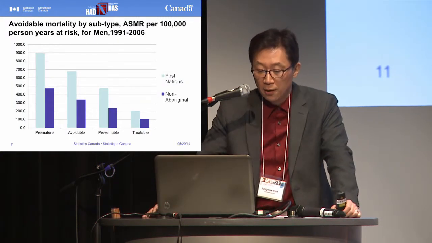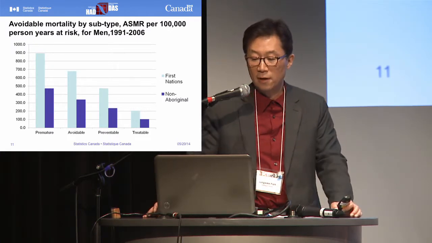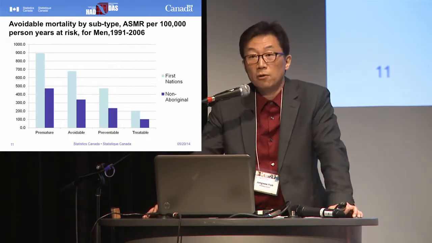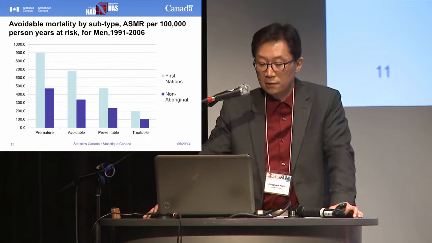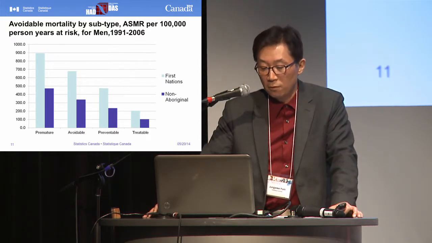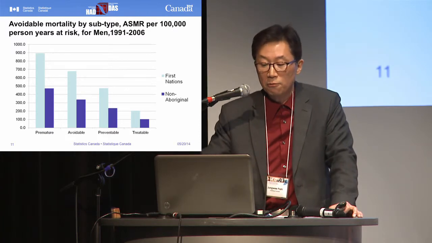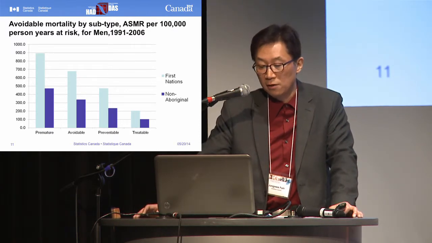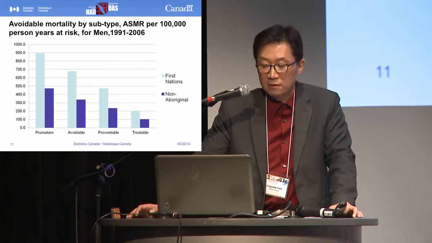So that's the sample characteristics, and this is the graph of the age-specific mortality rate per 100,000 person years at risk. As you can see, premature deaths, avoidable deaths, preventable deaths, treatable deaths. Throughout all the categories of premature mortality, we have clear differences.